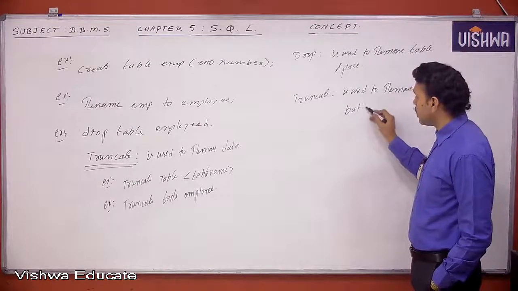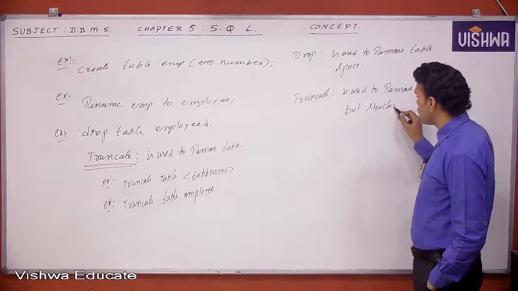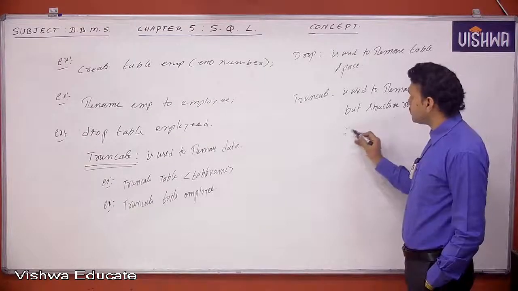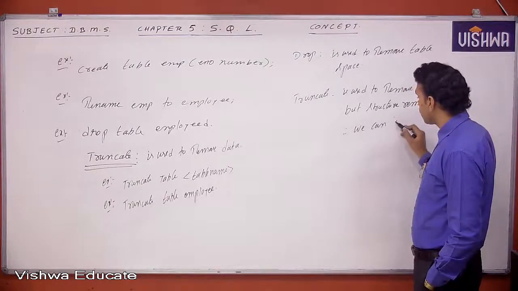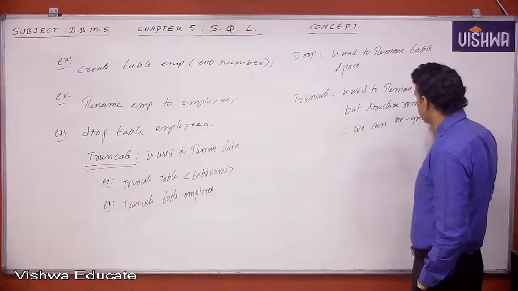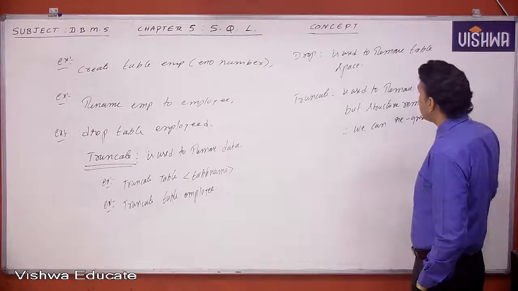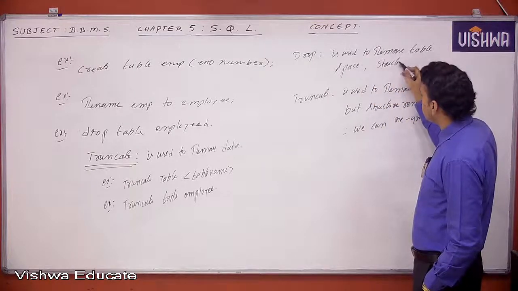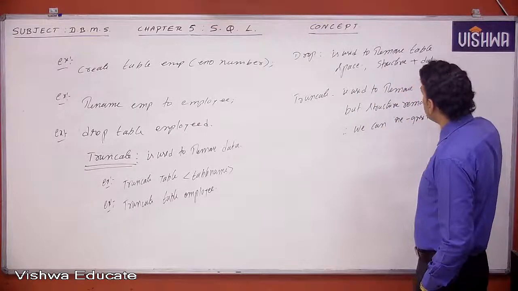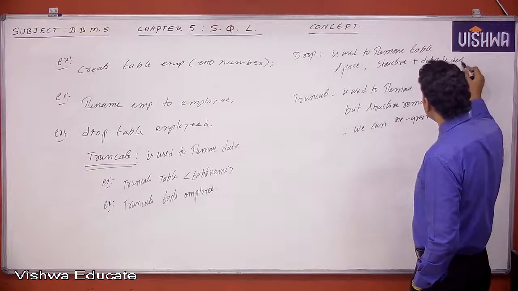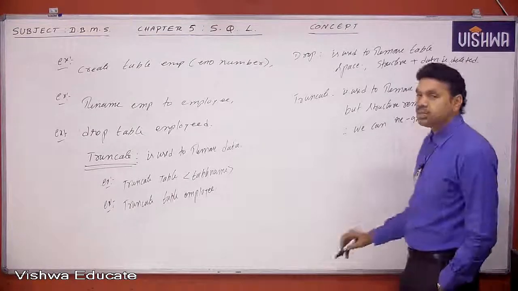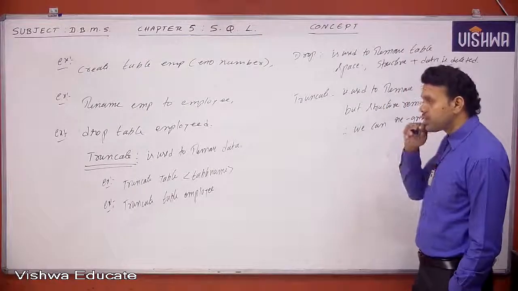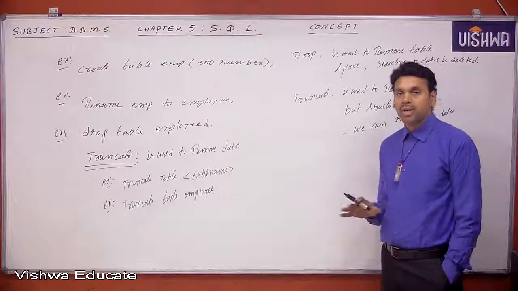But the structure remains. Therefore, we can reinsert data. Whereas here, structure plus data is deleted. Therefore, you have to recreate the table if you wish to continue. Okay friends, so these are the five important commands.